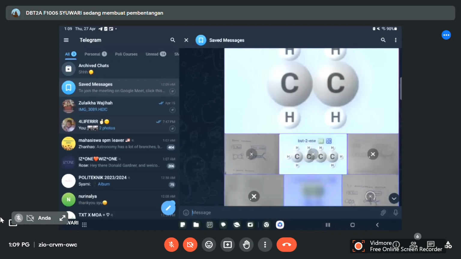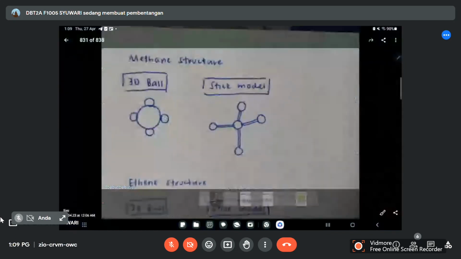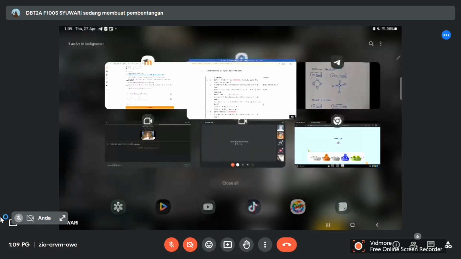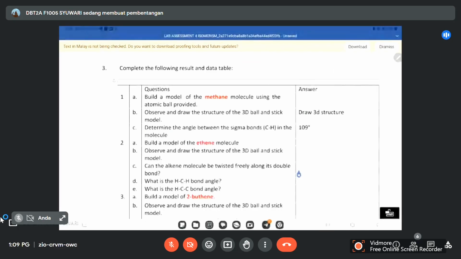Okay, this is the structure that we drew. This is the 3D ball, and this is the stick model structure of the methane. So we move to question 1C, which is determine the angle between the sigma bond C-H in the molecule.